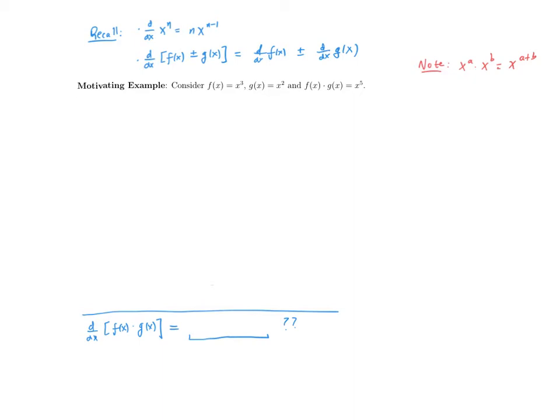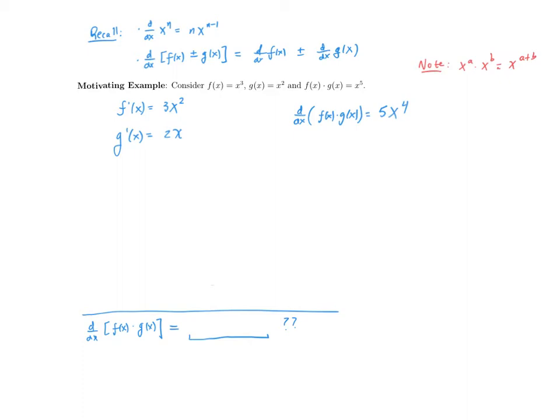So let's just calculate a few derivatives here for fun. A few very quick applications of the power rule is going to tell us that f prime of x is 3x squared, g prime of x is 2x, and in this case the derivative of f times g is the derivative of x to the fifth, which is 5x to the fourth.